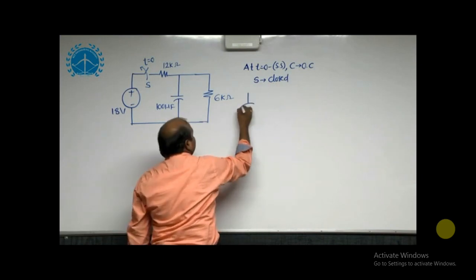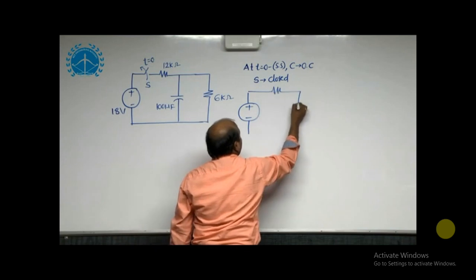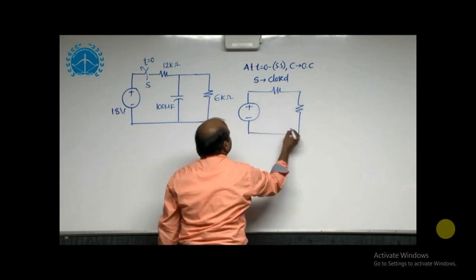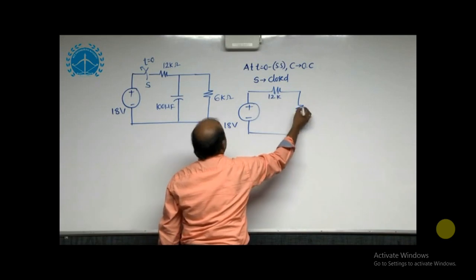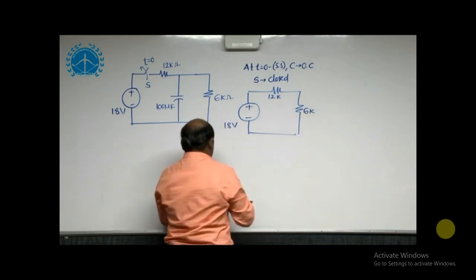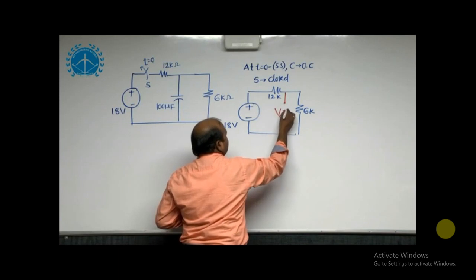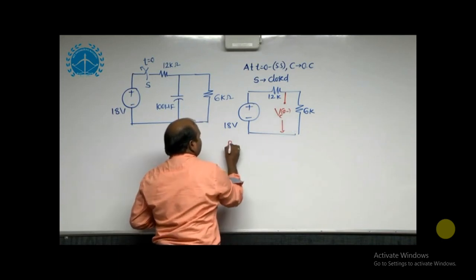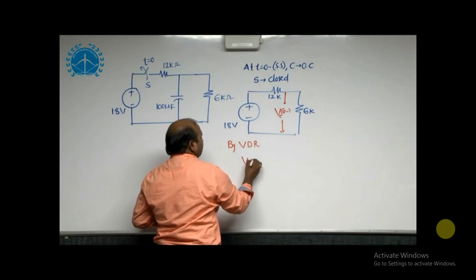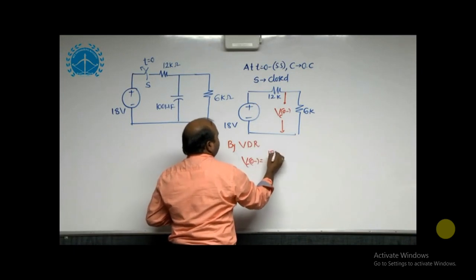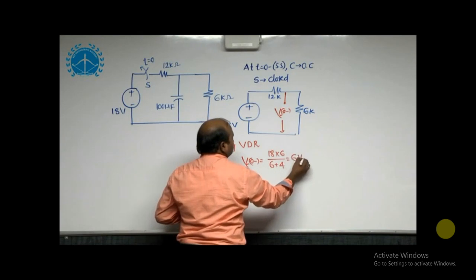Then by using VDR, with 18 volts, 4K and 6K, VC of 0 minus is equal to 18 into 6 by 6 plus 4, which is equal to 6 volts.